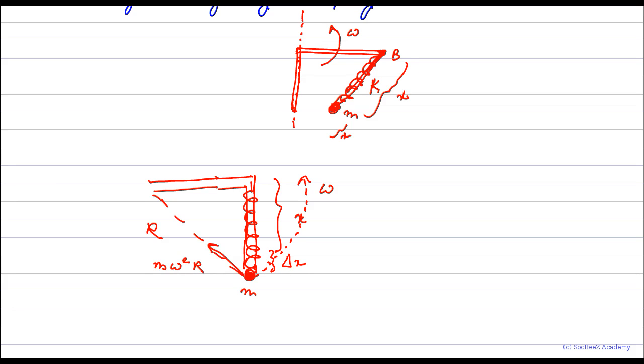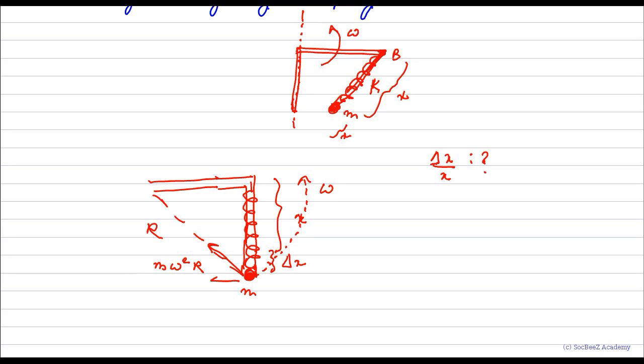Fine. Now I basically need to find out delta x upon x. This centripetal force is going to be provided by two forces. This centripetal force is basically going to be a resultant of two forces.